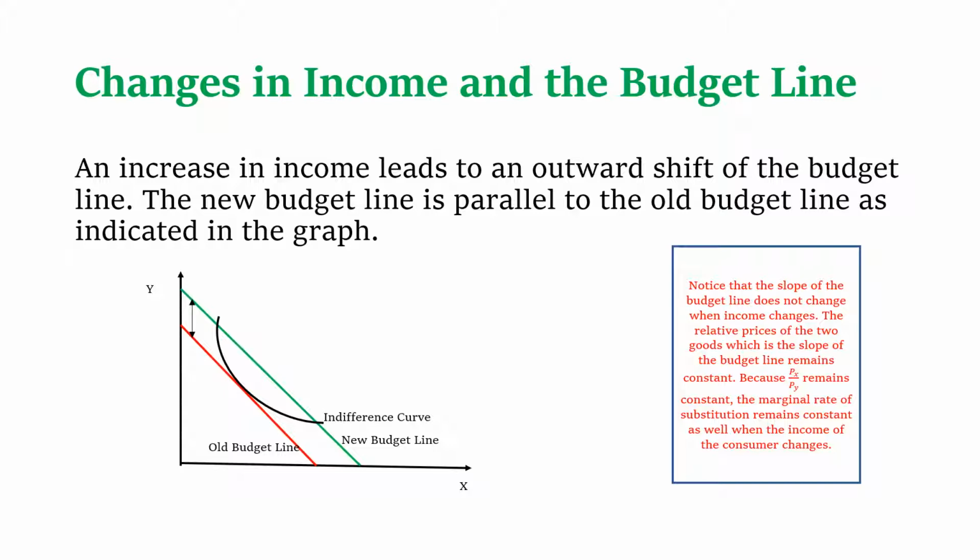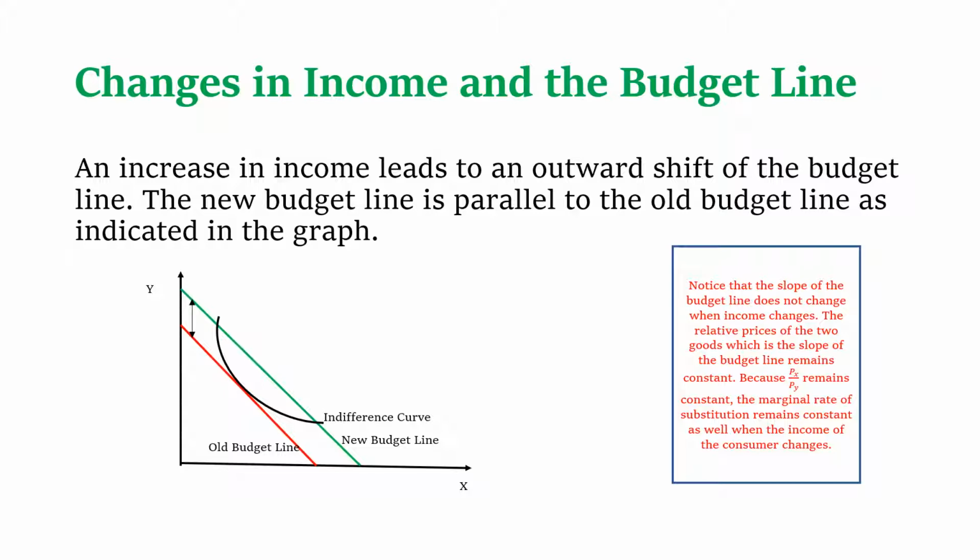So as you can see here, we have the old budget line, and then after the increase in the income of the consumer, the budget line shifts from this red line to the green line. And this green line is the new budget line, which is parallel to the old budget line.